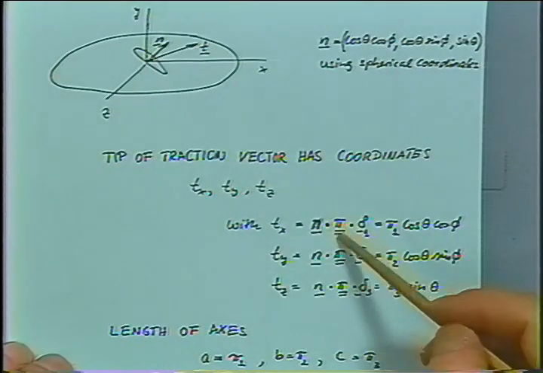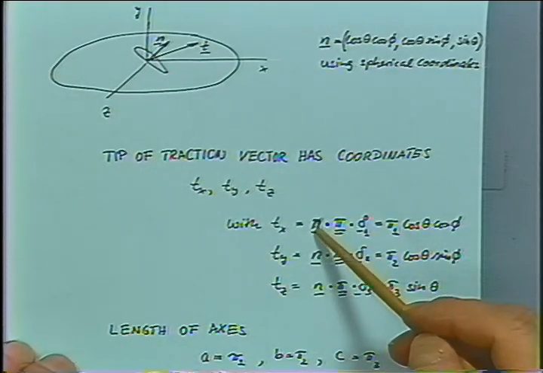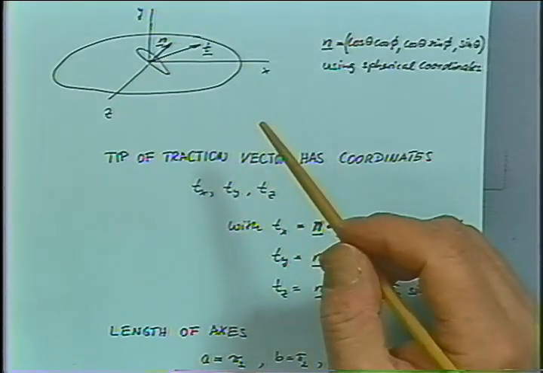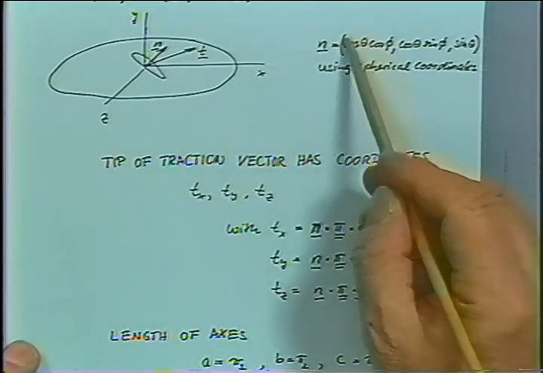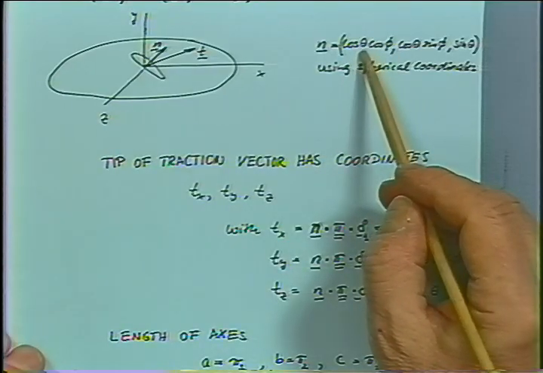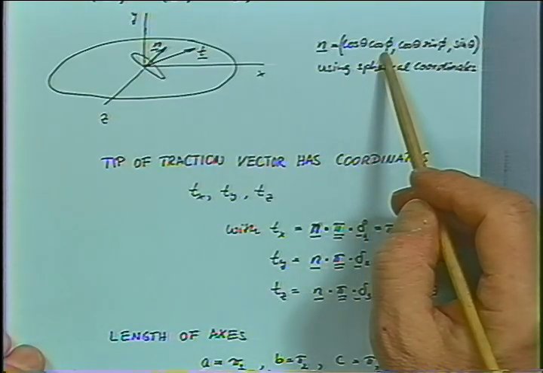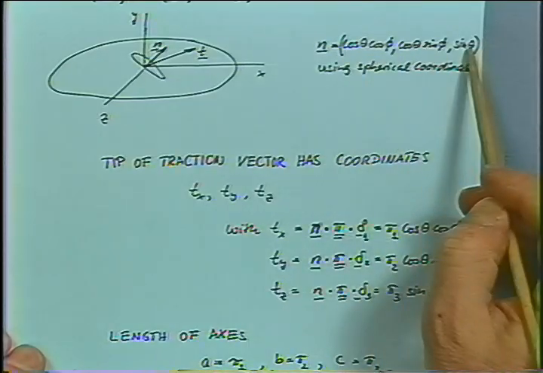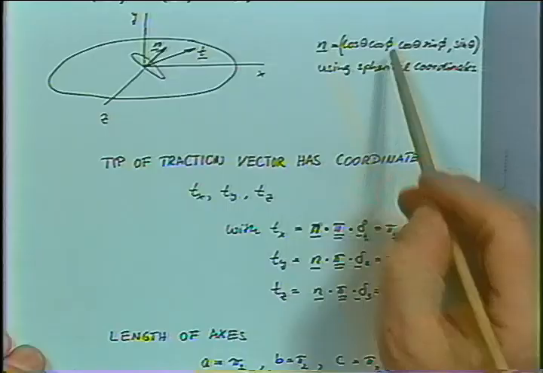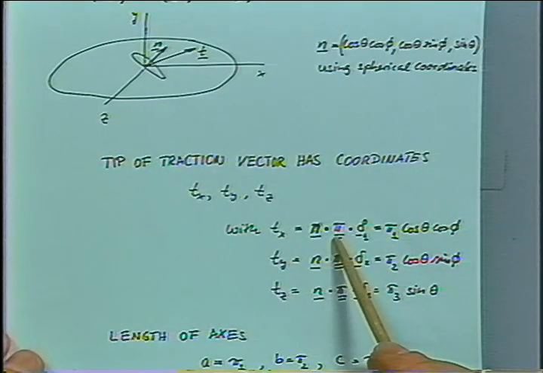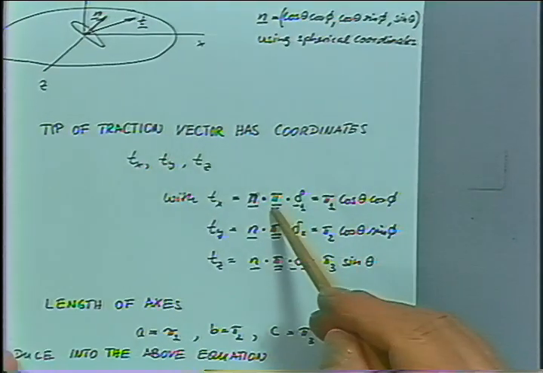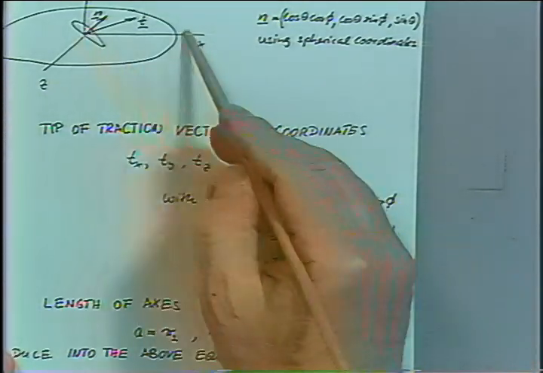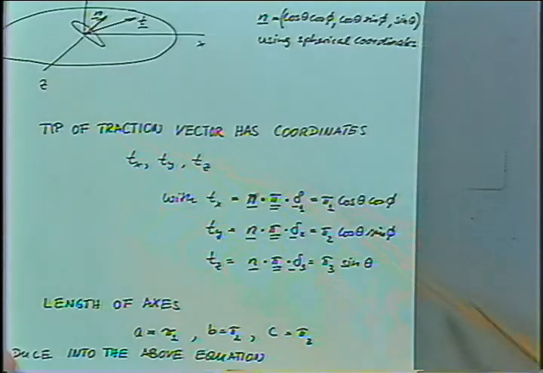We assume that we have pi. We take the components of n in this coordinate system. You know, n is of unit length, so it has the components defined with theta and phi in a spherical coordinate system. This would be the x component, y component, z component of n. And we're multiplying this into the matrix here, into the stress tensor, which we would prescribe in principal coordinates with the three stresses here.